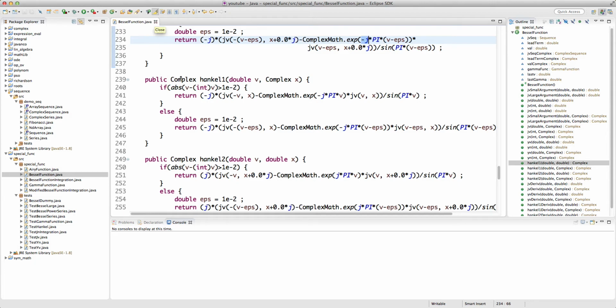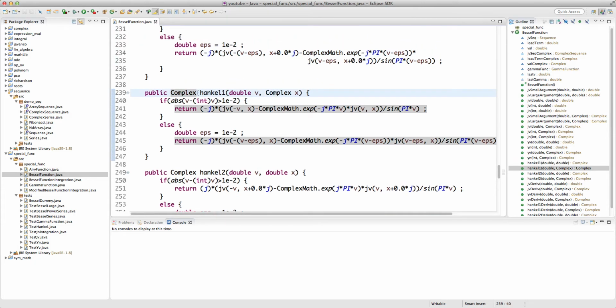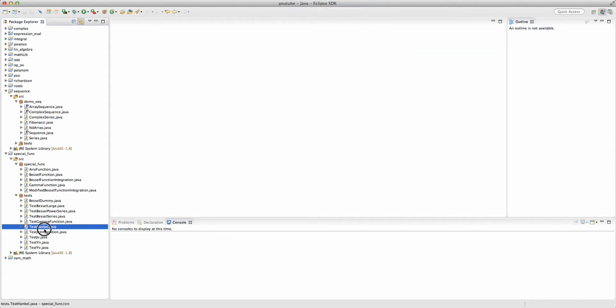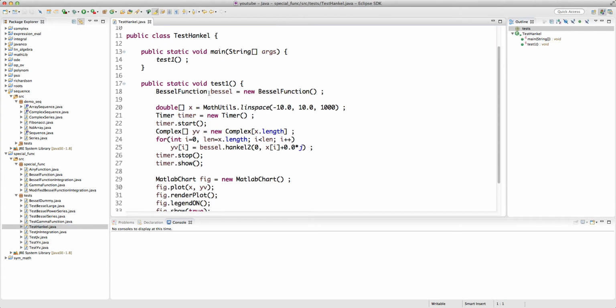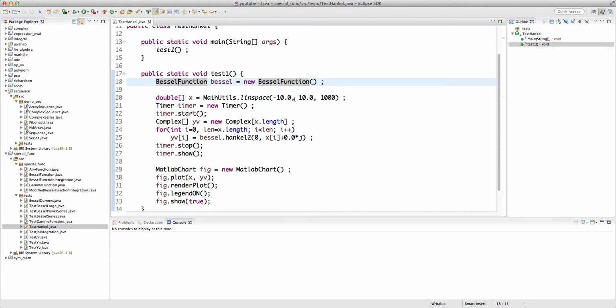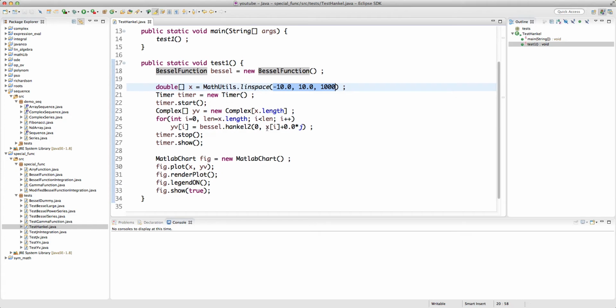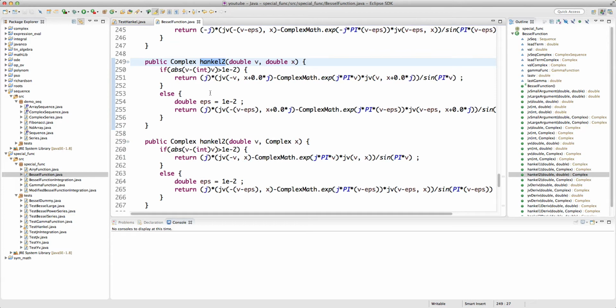And then again, we can have Hankel, which directly takes a complex number. And here's a test that I wrote for Hankel. I'm creating my Bessel function object, and Hankel x from minus 10 to 10. I don't even need to have this part, because in the implementation, I'm already casting x to a complex number.